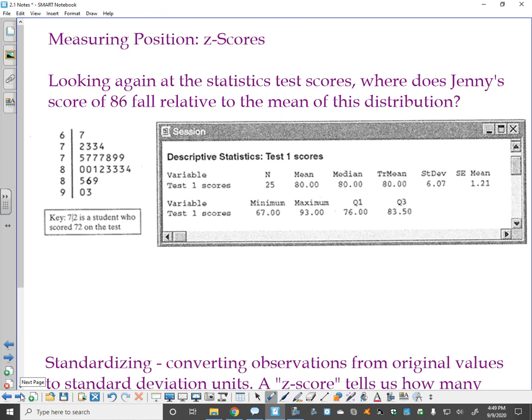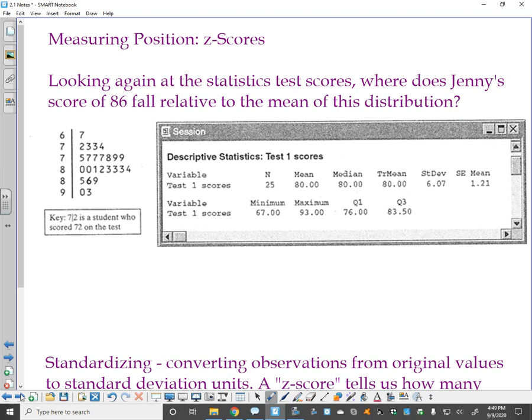Okay, this is really cool, and this is very important. Z-scores. Measuring position with a z-score. Looking at the statistics test scores, where does Jenny's score of an 86 fall relative to the mean of this distribution?